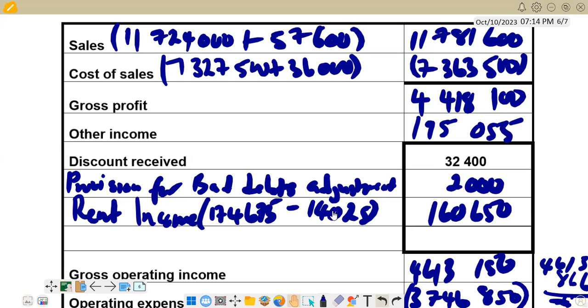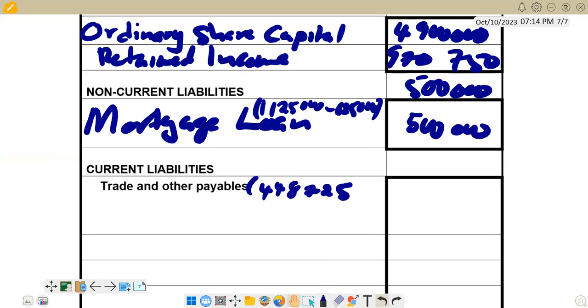But for income, when we have a prepayment, it's a current liability. So 14,025, we add it again there. That's another payable that we have, 14,025.